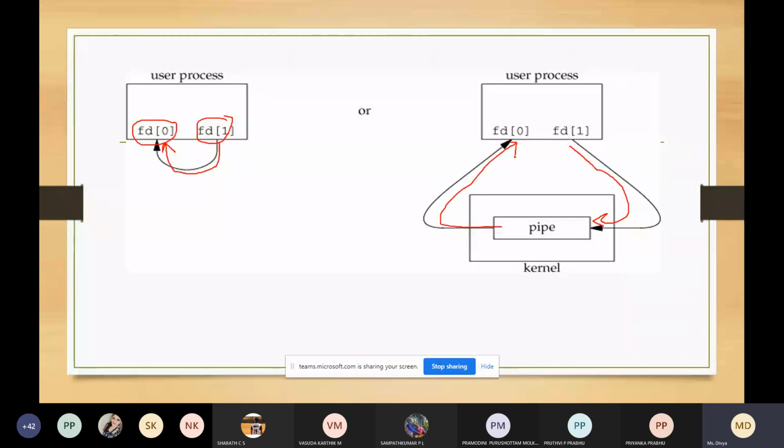It's like a pipe: you pass the water here and it comes out of this end. In the same way you pass the data. This is for writing and this is for reading. You write through file descriptor 1, through the pipe, and file descriptor 0 will read the data. Just ABC you write, it passes through here, and file descriptor 0 will read ABC.